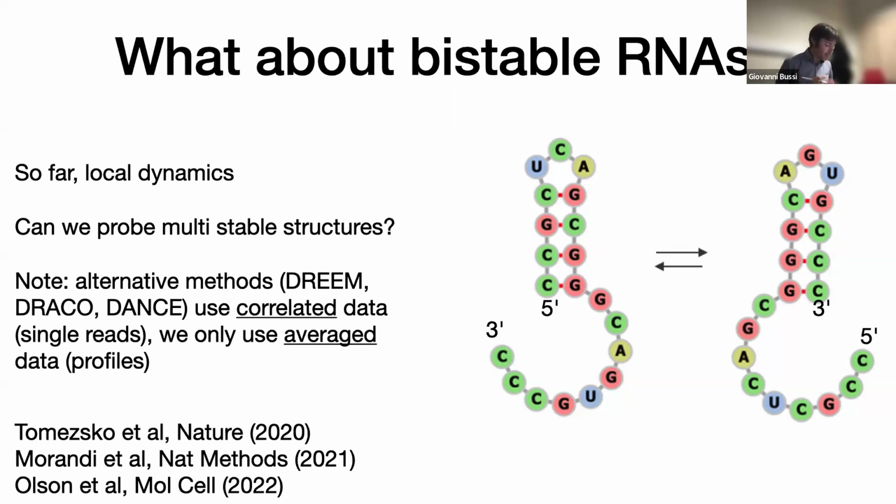So you look when there are two DMS modifications that are correlated between each other. In order to use this method, you need a huge number of reads because to have statistical significance in this data, you need many occurrences.